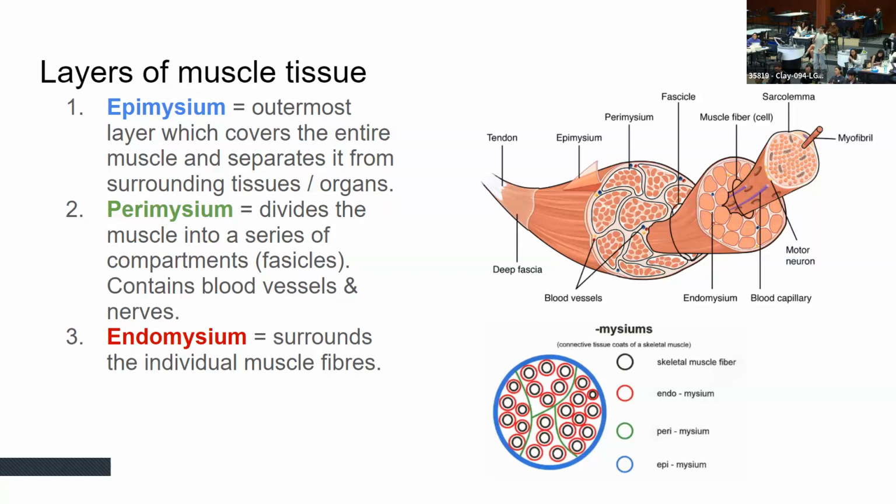So if I think endo, I think of the innermost things. So anyway, epimysium, you've got the outermost layer, which surrounds the entire muscle, every part of the muscle. And perimysium, which surrounds the different fascicles of the muscle. And then the endomysium, which surrounds the individual muscle fibers, so the smallest ones.